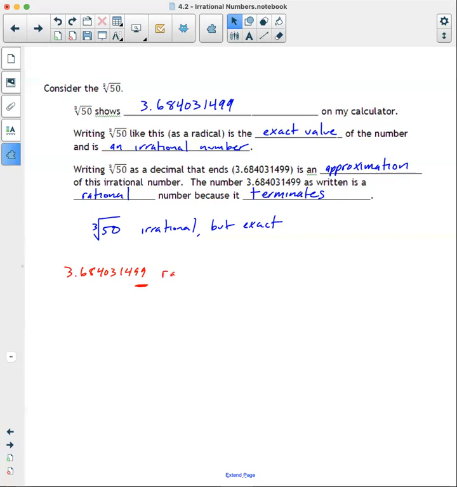So we would say that this is rational, but not exact. Okay. And these two numbers are not exactly equal.